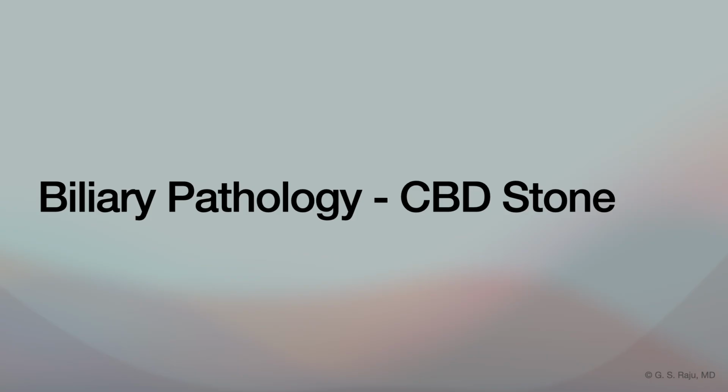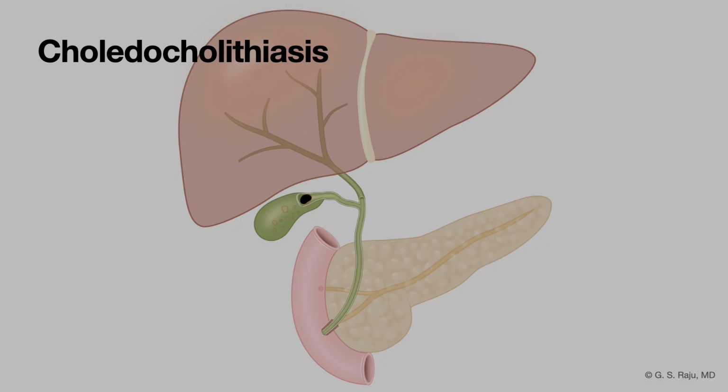How about what happens when the stone gets into the bile duct from the gallbladder? So here is a gallbladder stone that moves down into the bile duct and it blocks the bile drainage. When the bile drainage from the liver is blocked, the liver enzymes increase.